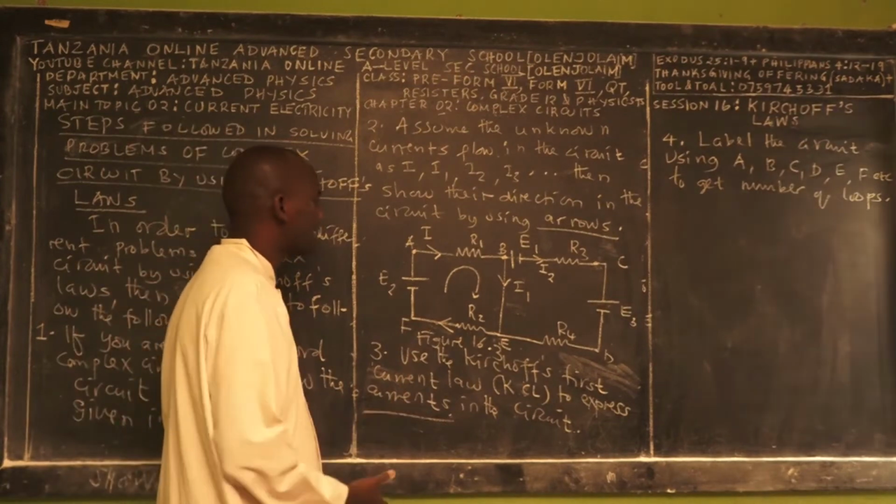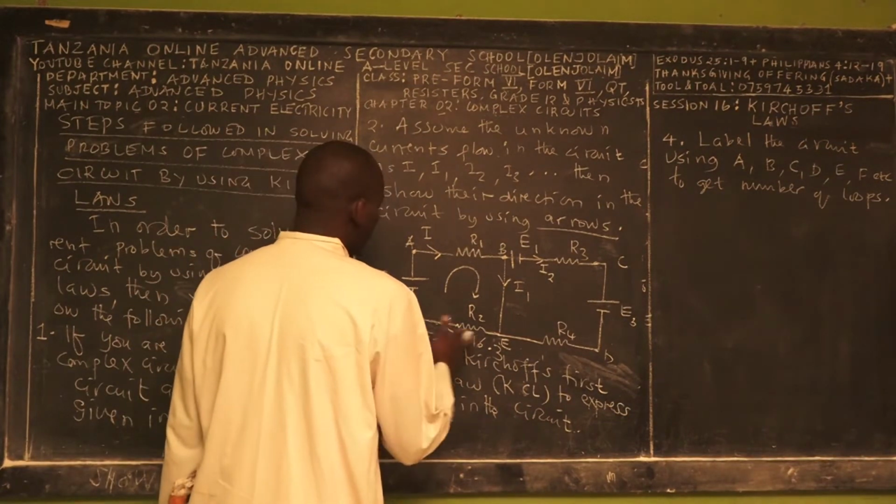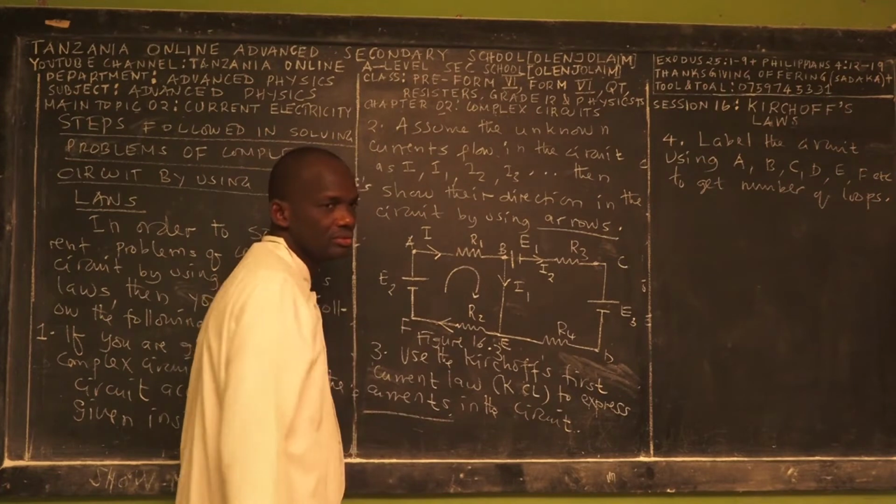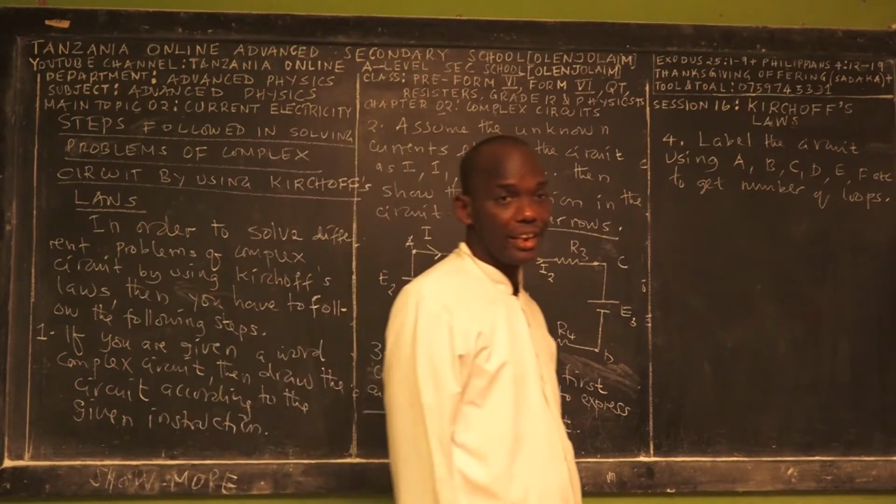So from here, we just say that my first loop is from F, E, B, A, F.